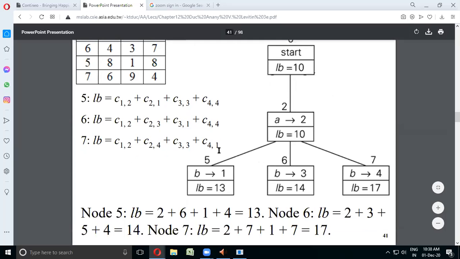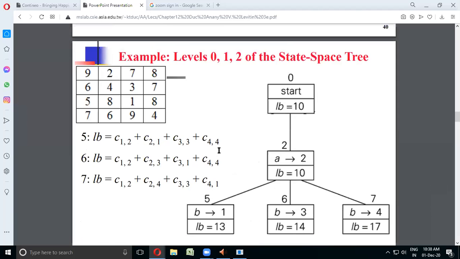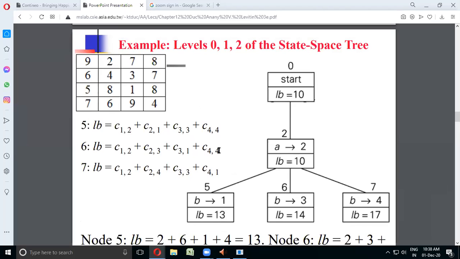Let us have everything here so that it will be easy for you. 2 plus, then second person is assigned the first job, what is the value? 6. 2 plus 6 plus, then we have third person is assigned third job, so 1. So 2 plus 6 plus 1 plus fourth person is assigned fourth job, so 4. 2 plus 6 plus 1 plus 4, I get the lower bound value as 13.